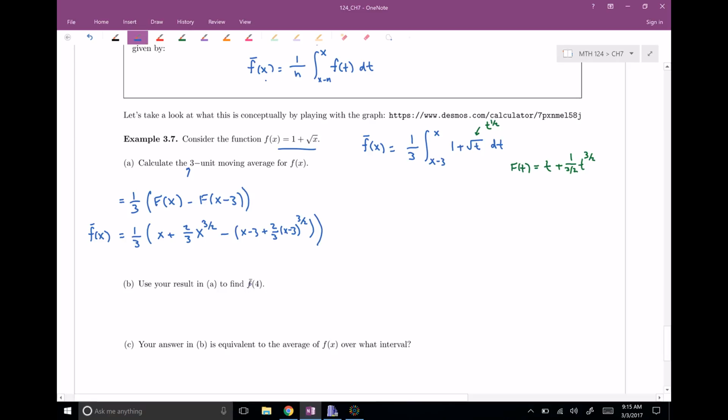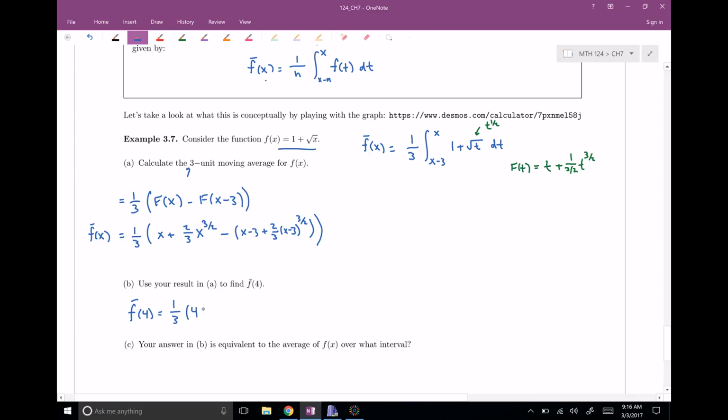Okay, we can actually use this to find specific values, though. We can plug in values. So f bar, the moving average, is still a 3-unit moving average, and then x is 4. So I can plug in x values now just like in any other function. So I'll use your result in A. Plug in 4 everywhere you see an x.